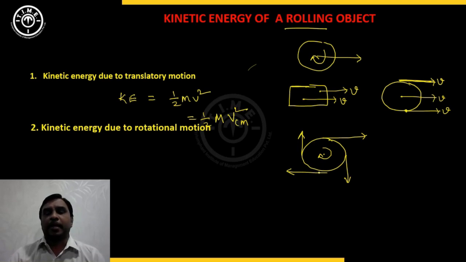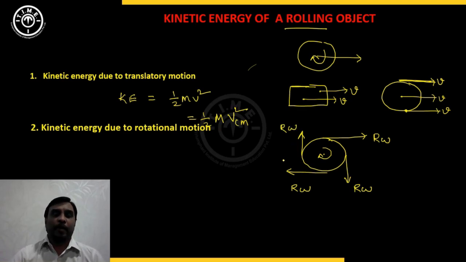All these particles are at the same distance from the fixed point. This velocity is r omega, and this particle's velocity is also r omega, and so on.